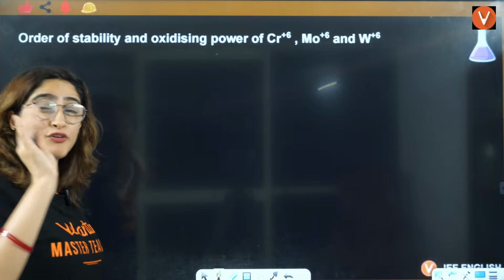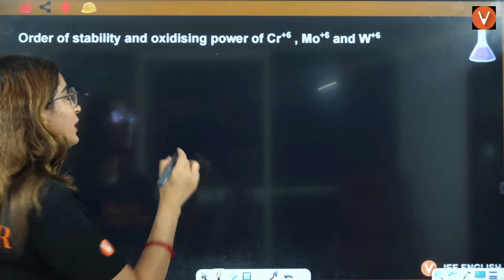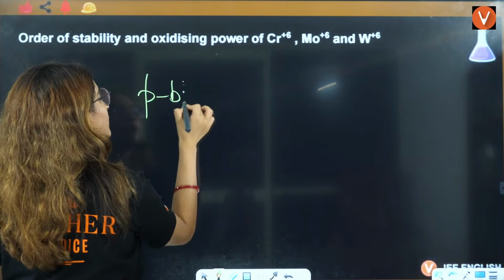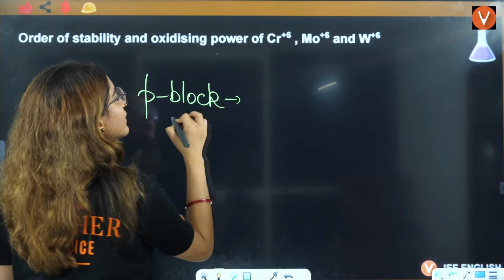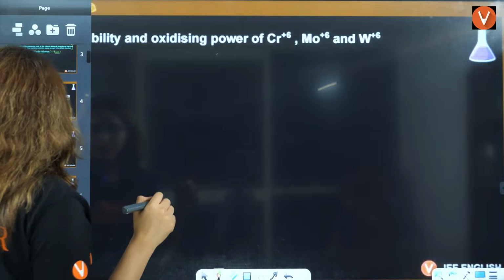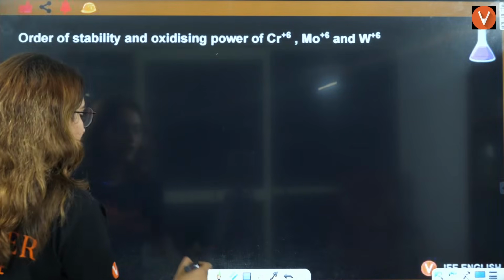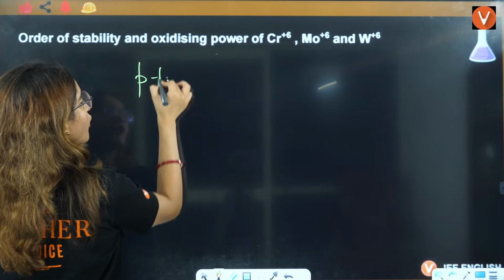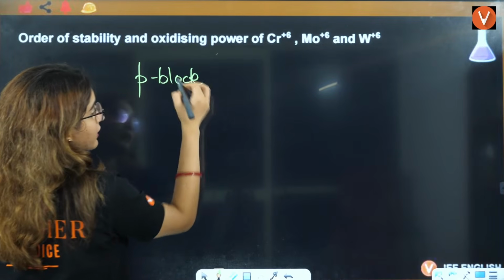One thing you should remember from P block, what we learned in P block, that is the difference between P and D block.